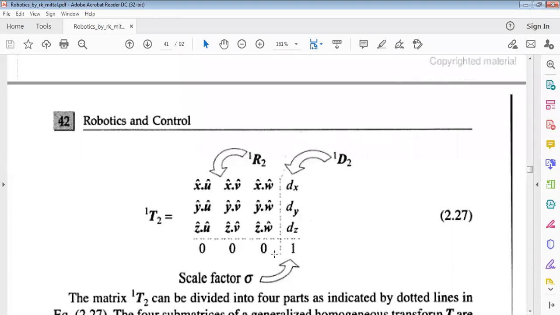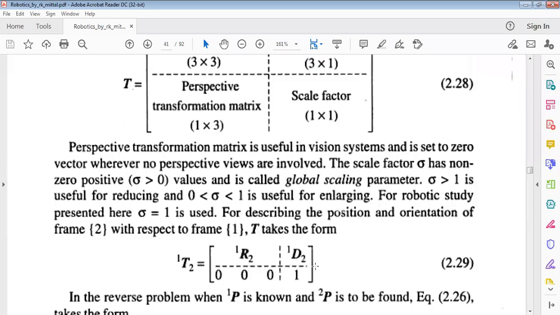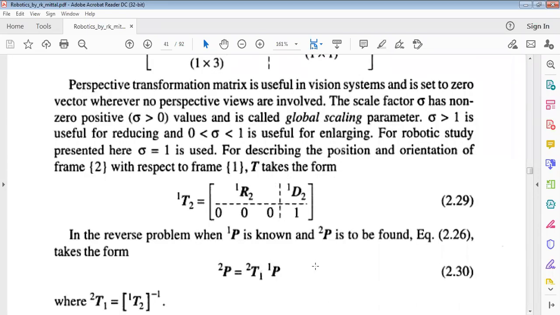It has 4 parts: the top left 3 by 3 matrix is the rotation matrix, the top right is the translation vector, the bottom left is the perspective transformation matrix, and the bottom right is the scale factor. The scale factor is 1 in robotic study.